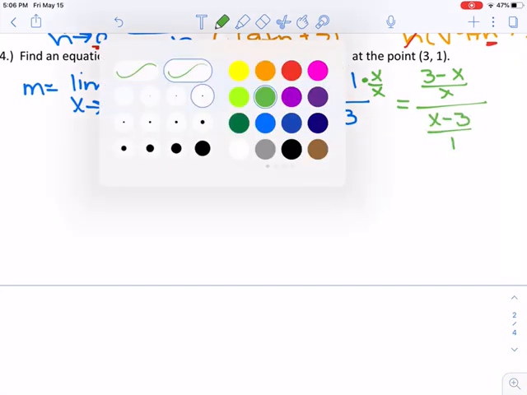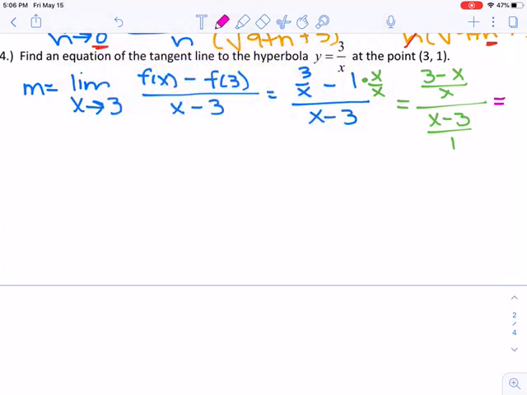I know that when I'm dividing fractions, my first fraction stays the same, 3 minus x over x. We change our division to multiplication and flip over our bottom fraction. Well, when I do that, notice that my numerator has 3 minus x and my denominator has x minus 3.